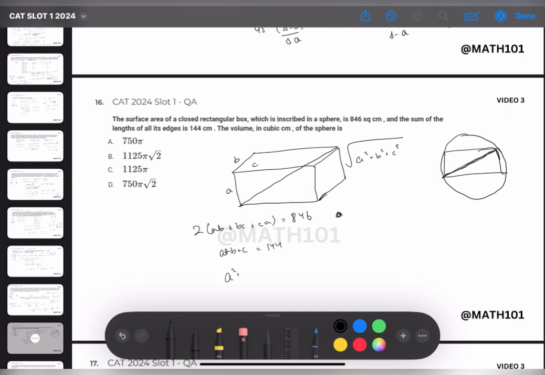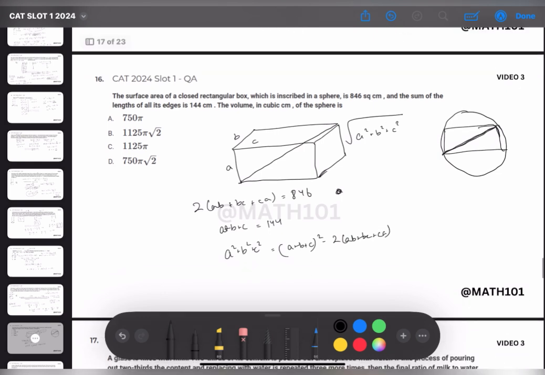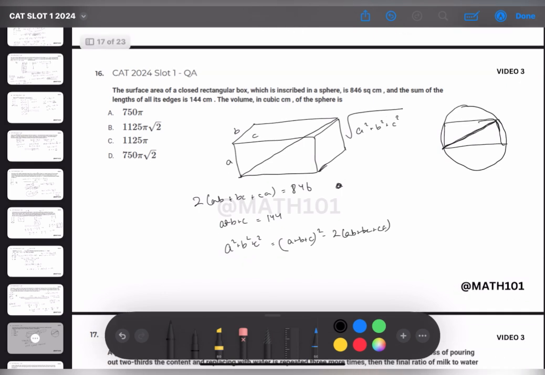So a square plus b square plus c square is equal to a plus b plus c squared minus 2 times ab plus bc plus ca. This is the identity, which means 144 squared minus 846 is equal to a square plus b square plus c square.